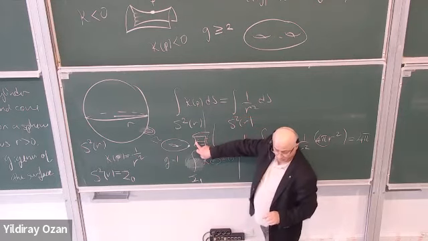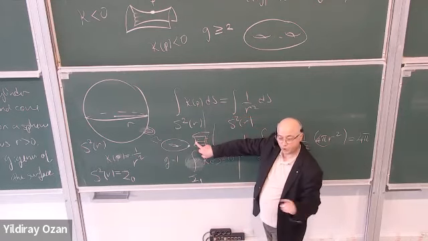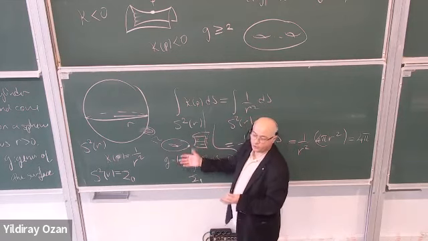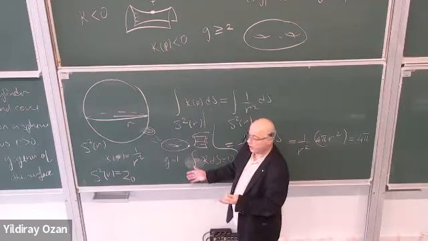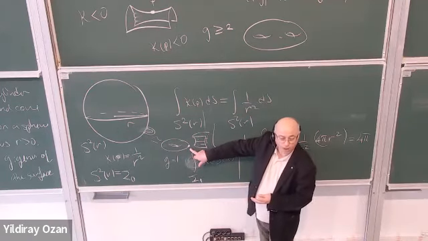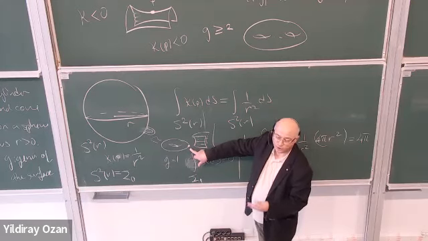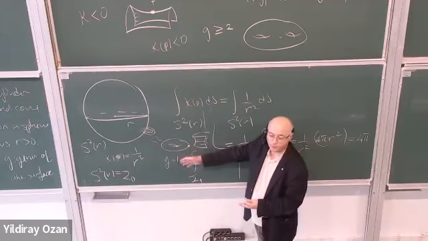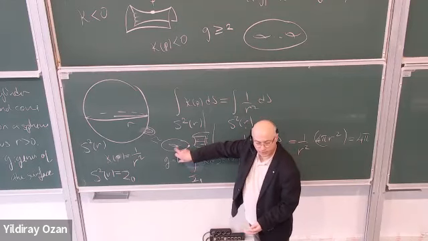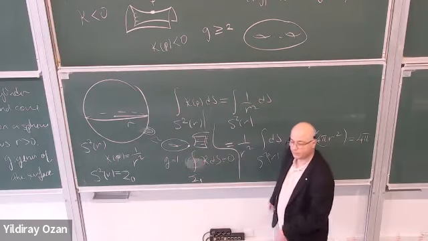And this point is a hyperbolic point where the curvature is negative. And it should be the case because the total curvature is 0. And there are some points where the curvature is positive due to Gauss. So for the integral to be 0, there should be some points where the curvature is negative. And there are this kind of points, okay, where the curvature is negative.